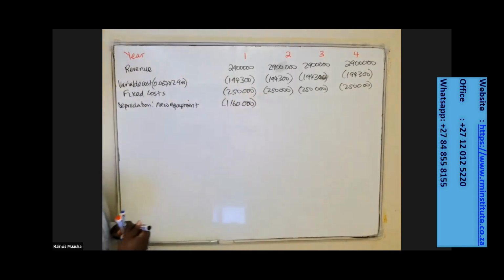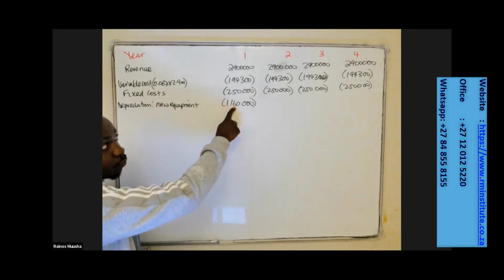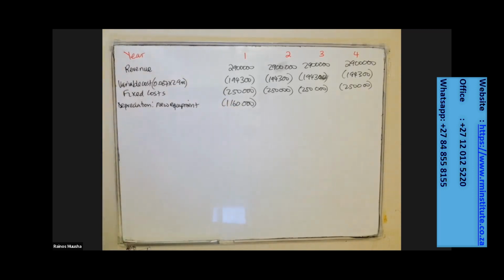Remember, they say for tax purposes, the equipment could be depreciated over 4 years using 40, 30, 20, 10 wear and tear allowed by SARS. And we're also expecting that the scrap value is going to be 48,000. So the first year is 40% of the 3 million, which gives you a depreciation amount of 1,160,000.